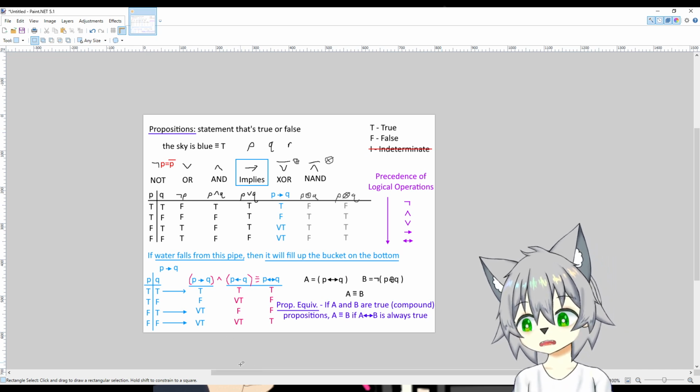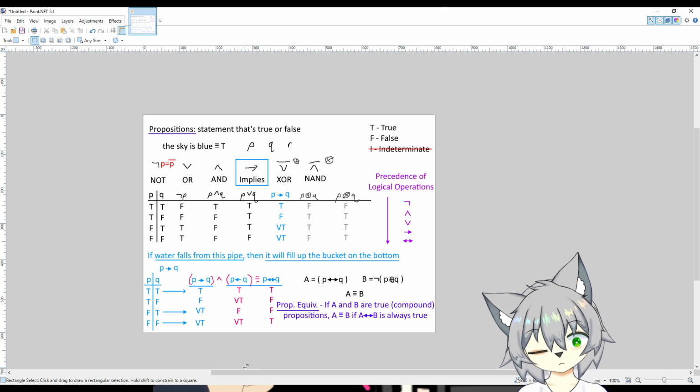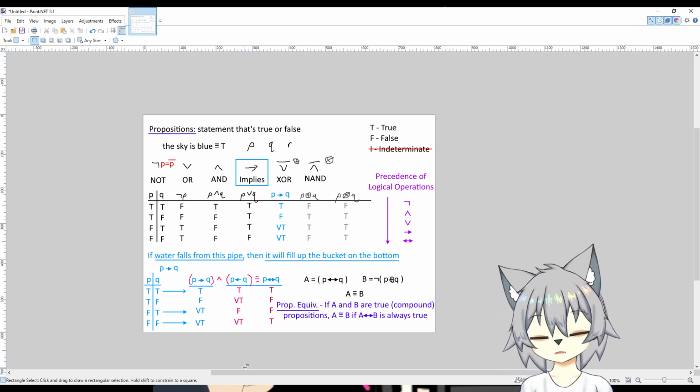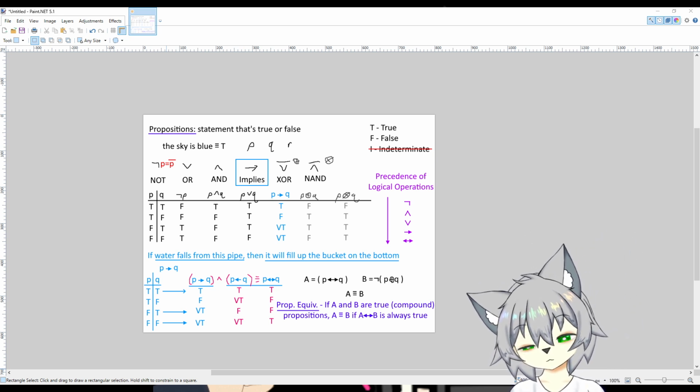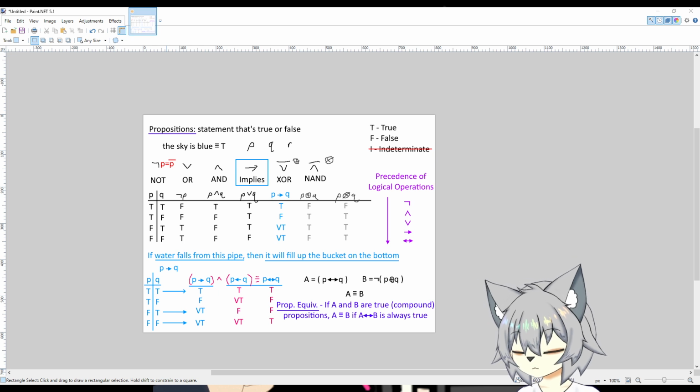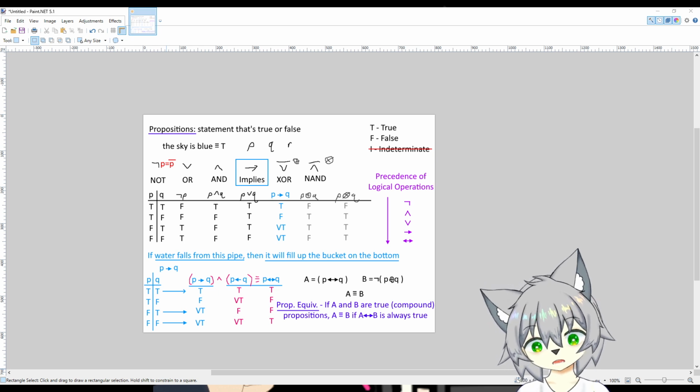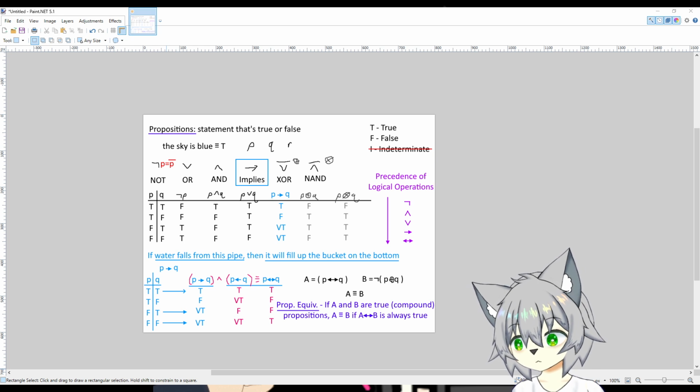That's it for propositional logic. There are a few exercises. There's more to it, including logic circuits and a bunch of other stuff, including identity, and we're also going to prove some other stuff.